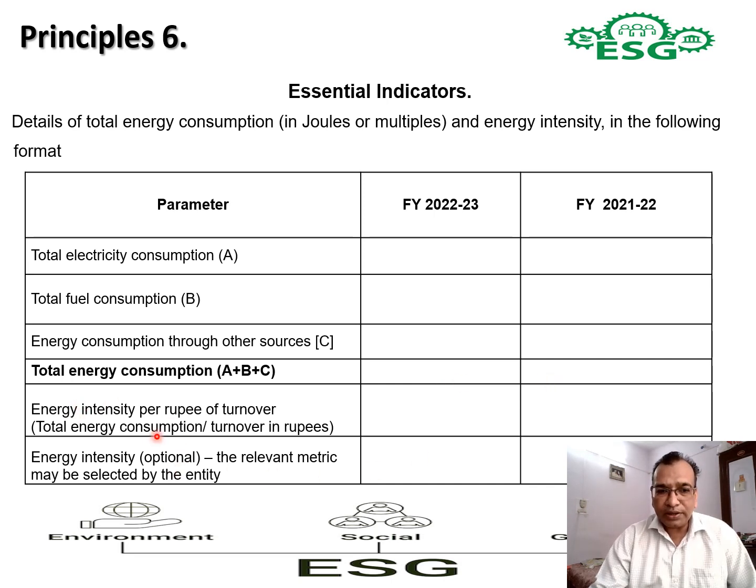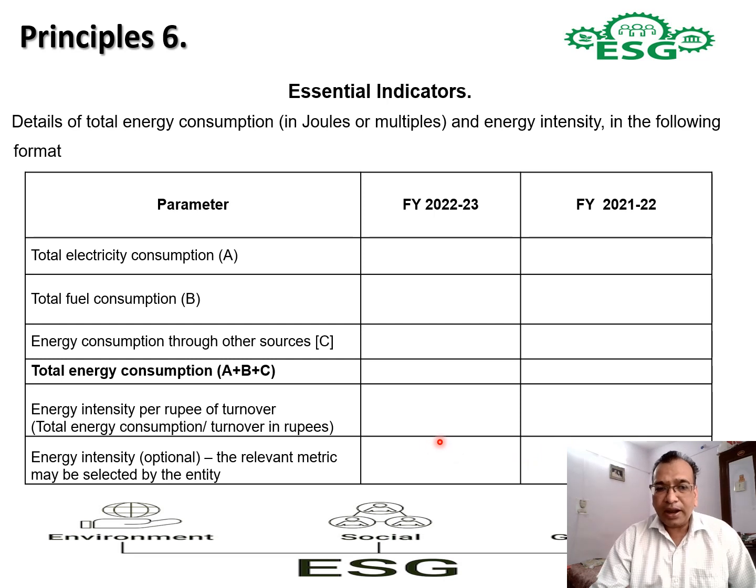Now the important part is the calculation of the energy intensity per rupee of turnover. How do you calculate it? You take the total energy consumption, that is A plus B plus C, and divide it by the turnover of the company in rupees for the current financial year as well as for the previous financial year.